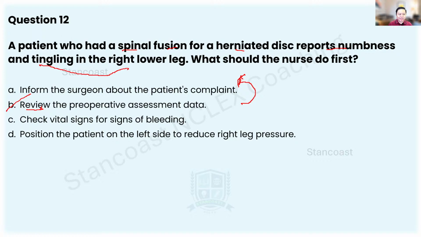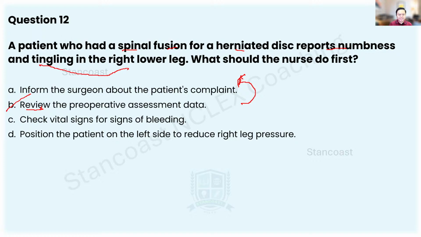sequence, okay? Let's have letter C. What do you think about check vitals for signs of bleeding? Do you think this would be something that can point out the numbness or the neurological manifestations? Guys, please take note that the numbness and tingling sensation in the right leg are not typical signs of hemorrhage, okay? We know that checking the vital signs is important. Before we make that phone call, we have to make sure that we have the set of vitals.